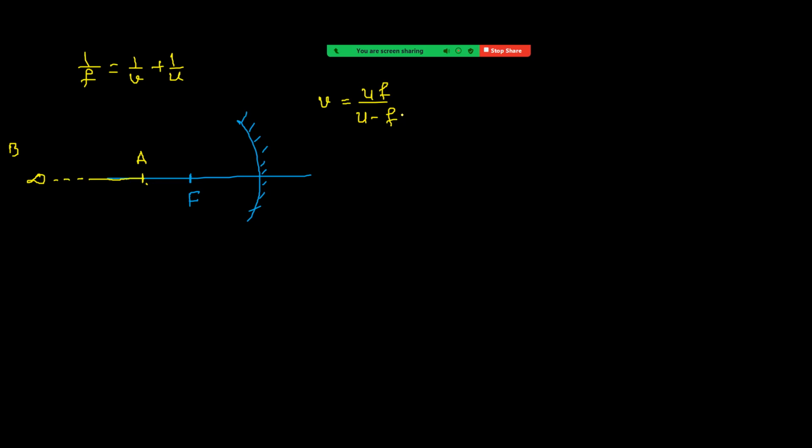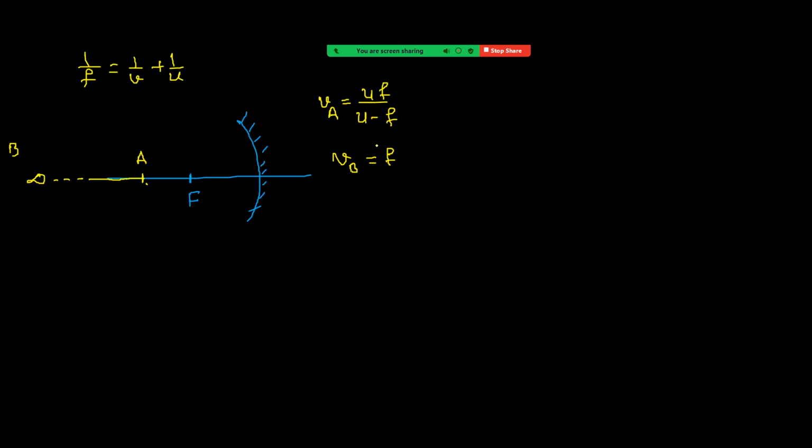If you take the modulus of this, that gives us the distance of the image of point A. Take it as VA. Coming to VB, this forms an image at the focus, because B is at infinity. Its image will be at F.